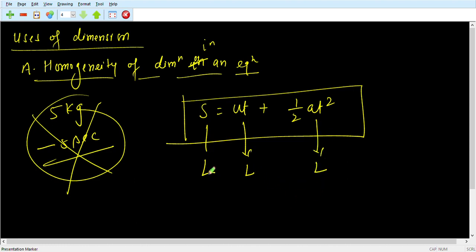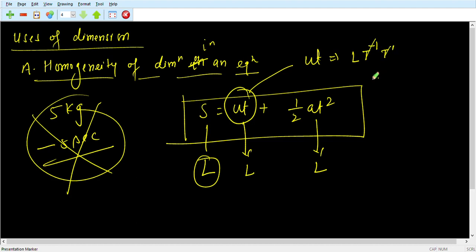Otherwise we cannot get length by adding something other than length. We should prove with the help of dimension that ut is length only. We already know that ut is nothing but length. How? Because u is initial velocity, and the dimension of velocity is L T to the power minus 1, and t is T to the power 1. So T to the power minus 1 and T to the power 1 will get cancelled.